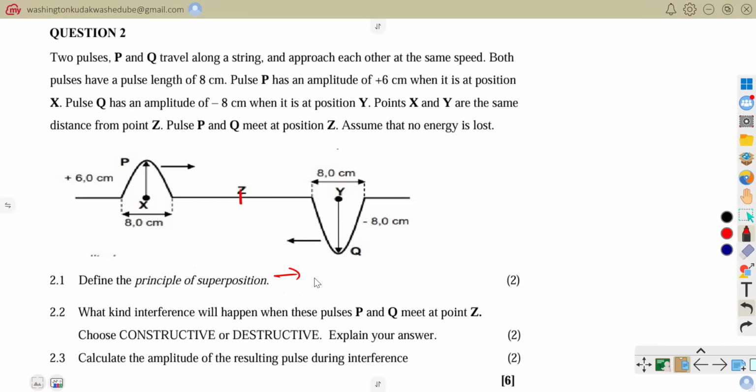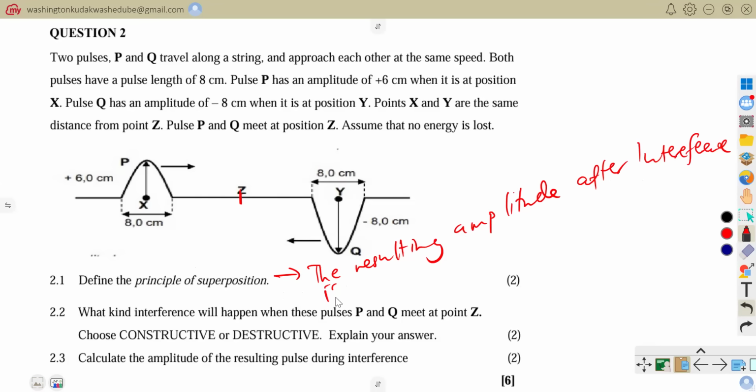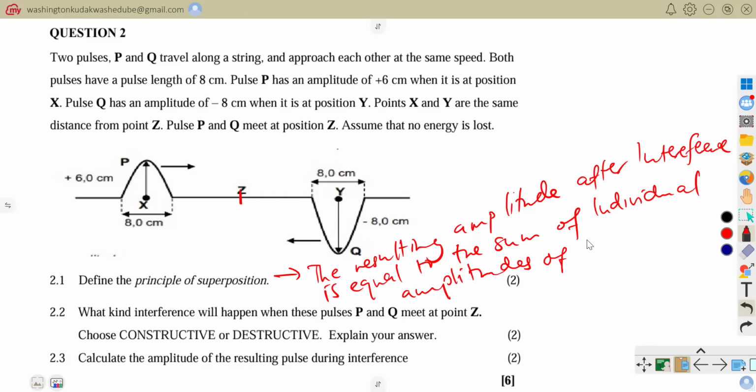So the principle of superposition just tells us that the resulting amplitude after interference is equal to the sum of the individual amplitudes of the two pulses.